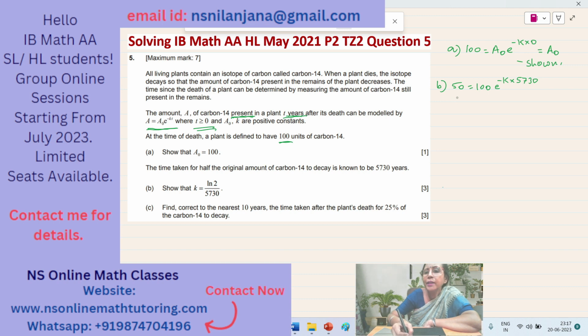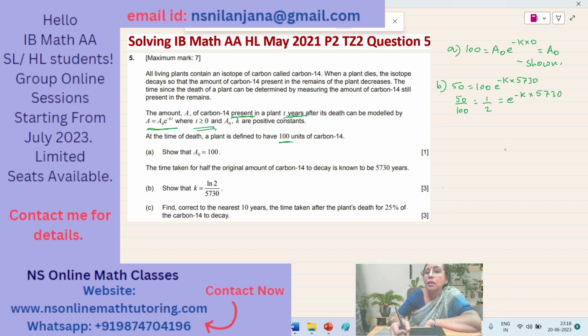And so I can write this as 50 over 100, which is equal to half, equal to e to the power of minus k times 5730.